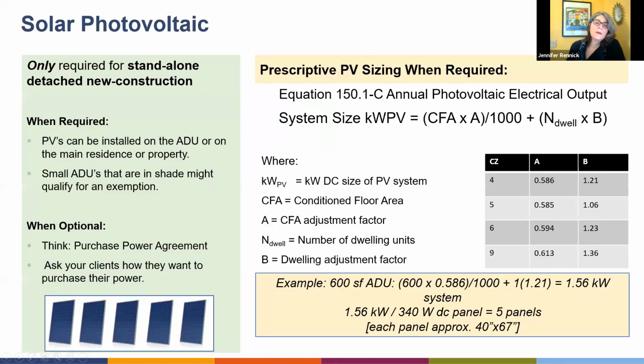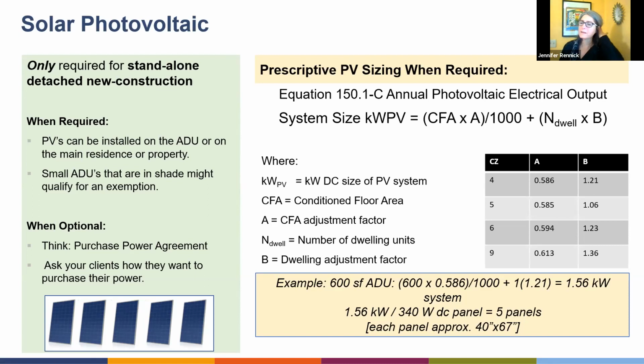Now this is the photovoltaic solar panels that produce electricity. This is probably one of the other areas we get a lot of questions on. And I want to just remind everybody that the solar PV requirement only kicks in with standalone brand new construction.